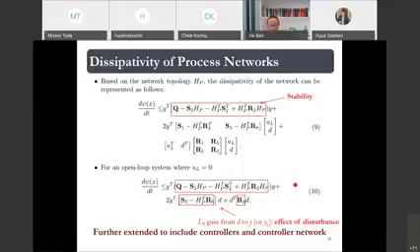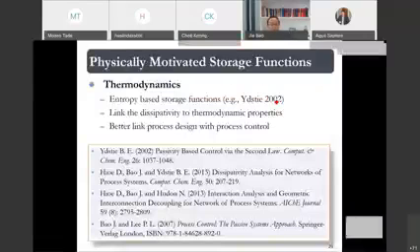Okay, of course, the purpose of control design is to design such a UL to minimize the disturbance effect on the process outputs and ensure the stability of the closed loop system, or the plant-wide system. The concept of dissipativity is also quite useful in the sense that there's a link between dissipativity and thermodynamics.